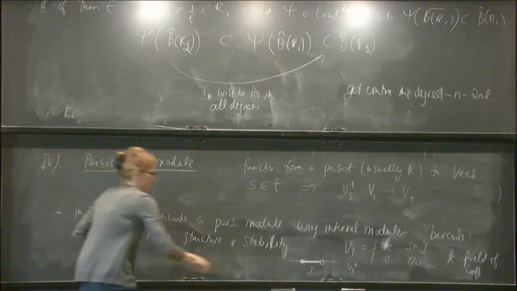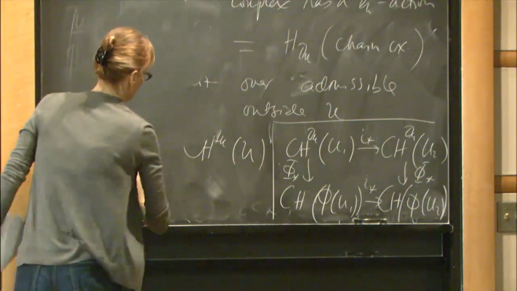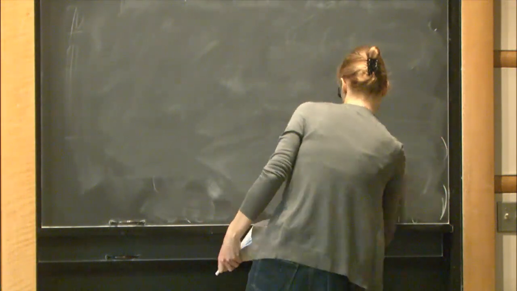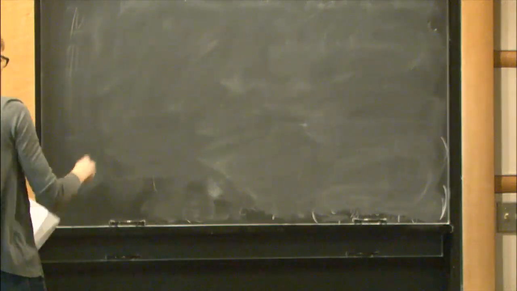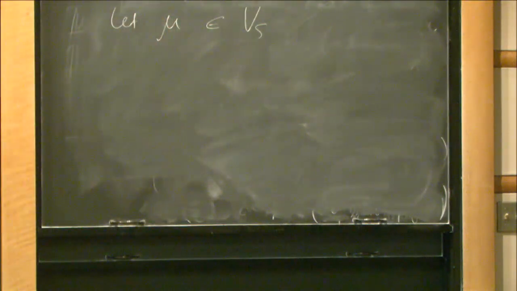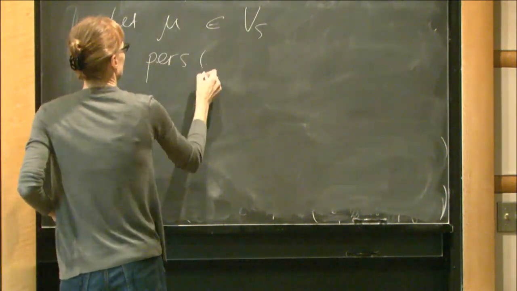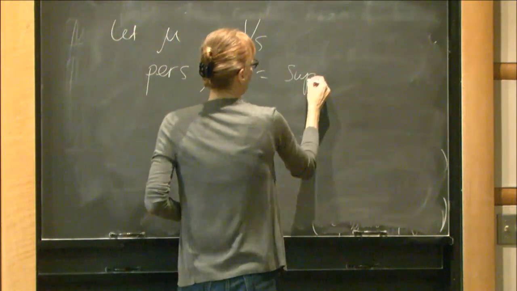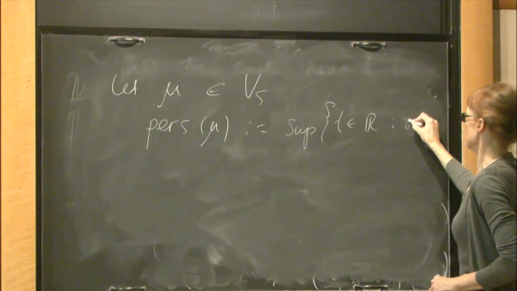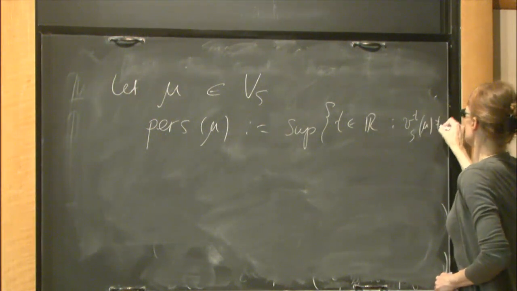So let me just tell you what the persistence of an element is. Let mu be in the vector space at level S. Then the persistence of mu is going to be the sup of T in R such that this transition map V_ST of mu is not zero.